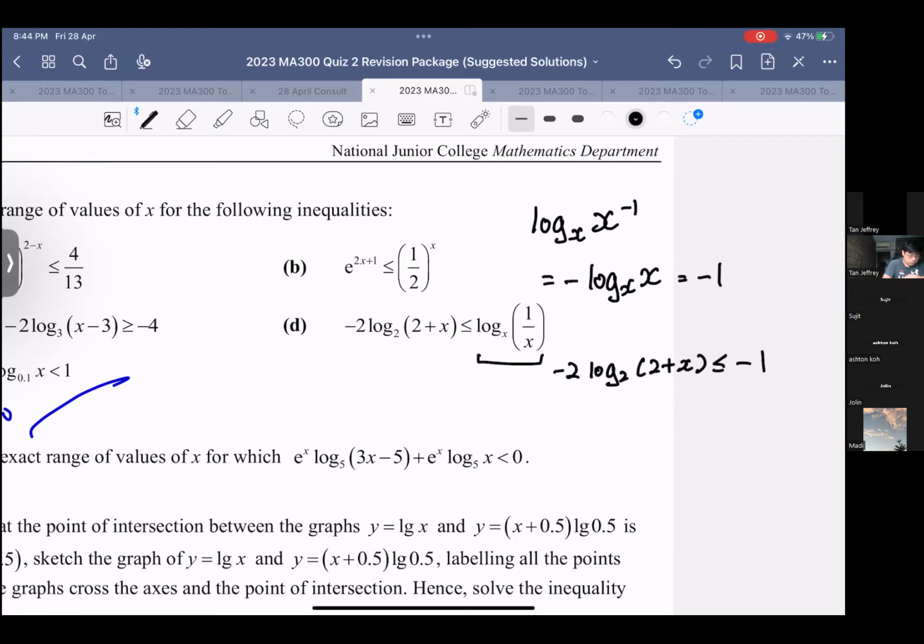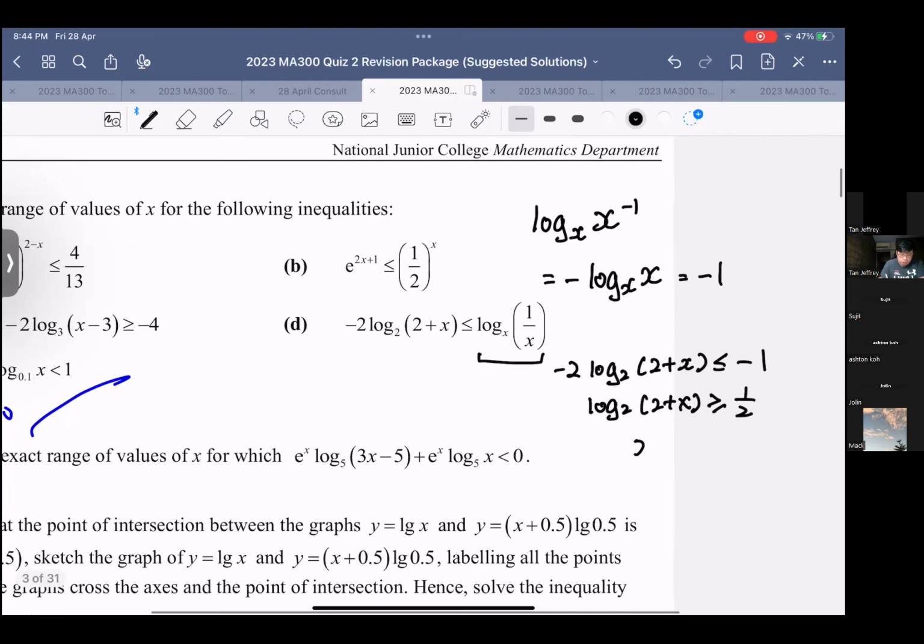So from here, I divide both sides by -2. Dividing by a negative changes the inequality sign. So I have log x more than or equal to -1/2. Then change from index form to logarithmic form. This is the same as 2 to the power of -1/2. X is more than or equal to 2 to the power of -1/2. And we are done.